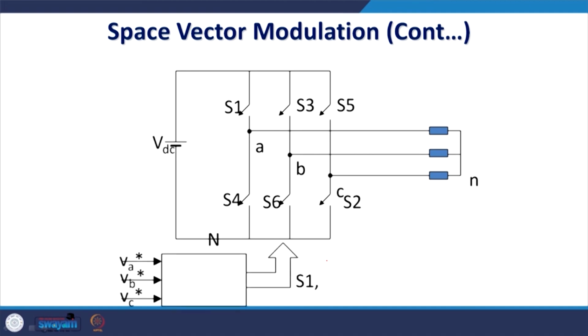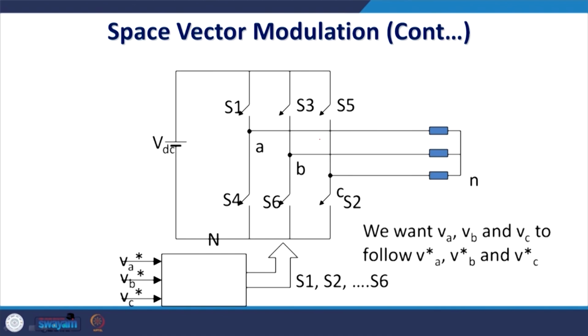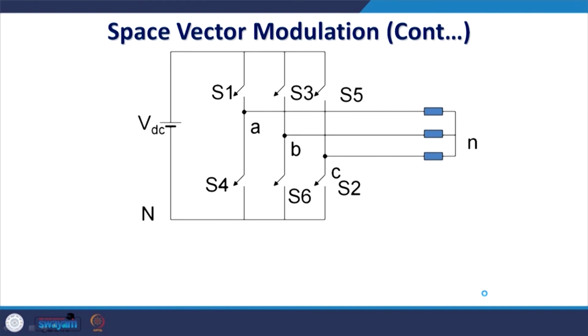So, how does it work? I will generate the reference VA, VB, VC, that is coming from the modulation technique, and that will be switching these 6 switches. So, let us see, we want VA, VB, VC to follow that VA reference, VB reference and the VC reference, and for this reason how it will work.